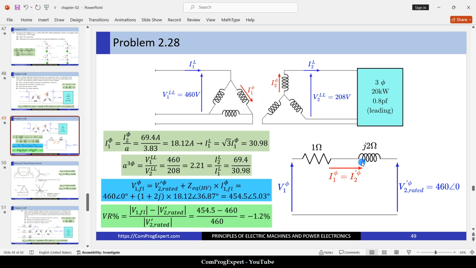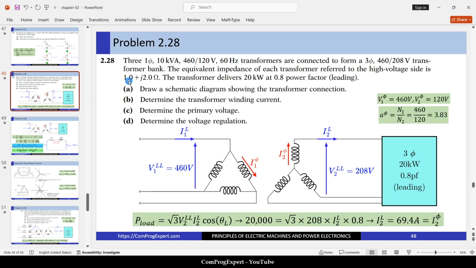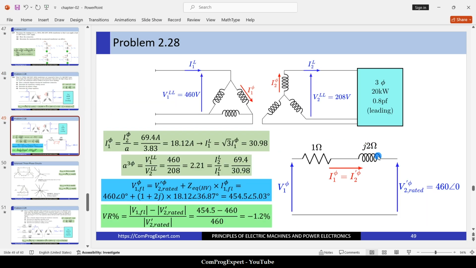What is the value of the V2 prime referred to the primary side, rated? It is 460. We have this angle. For it we can consider 0 reference. This is the equivalent resistance, equivalent leakage reactance, and here we have these two quantities, I1 phase that is equal to I2 prime phase, and this is V1 for the phase.